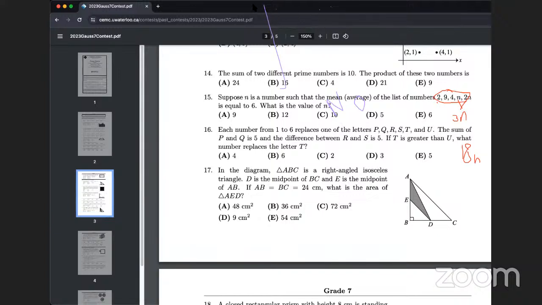N doesn't equal 3 because 3 isn't an option. You are given the options A, 9, B, 12, C, 10, D, 5, and E, 6. So it has to fit into one of the options. 3 isn't an option, so 3 isn't the answer.